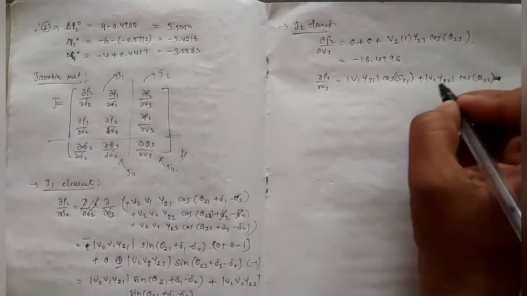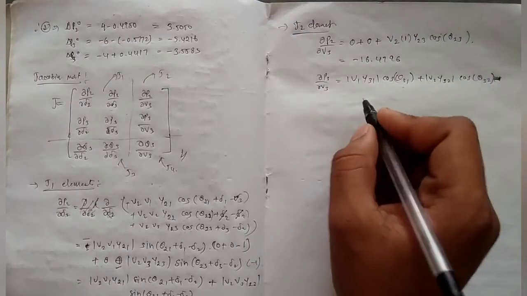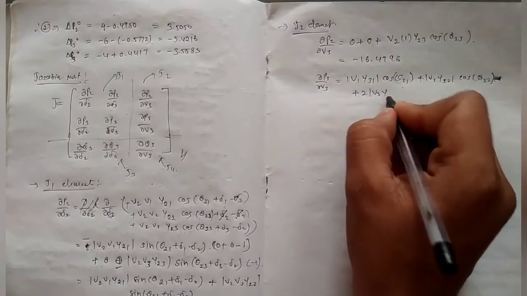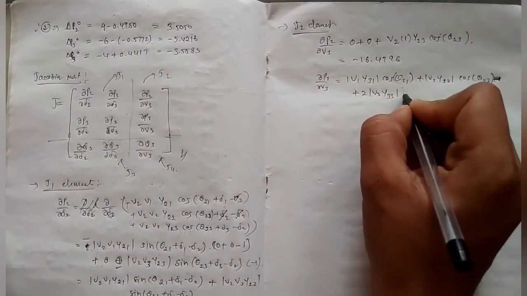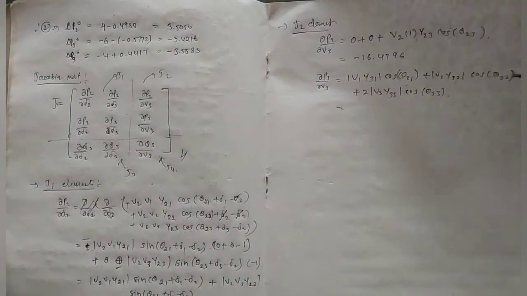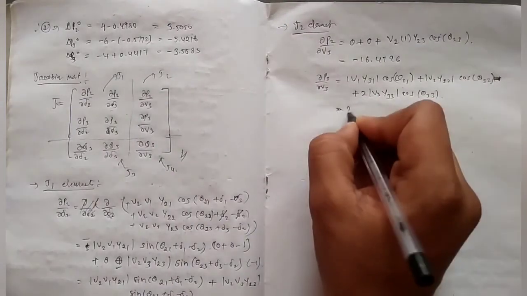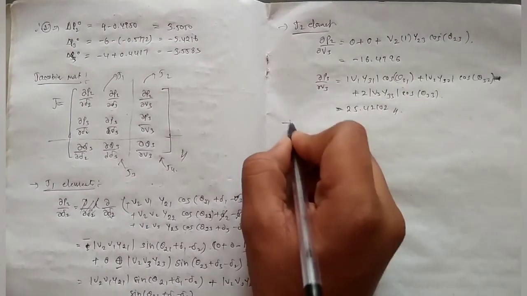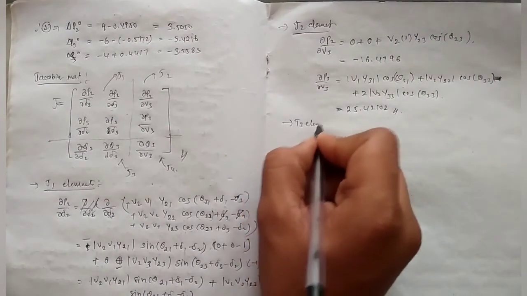After differentiation you don't include the delta values because those are zeros, they can be neglected. V3 Y33 cos theta 33. After substituting all those values we will get 25.42102.